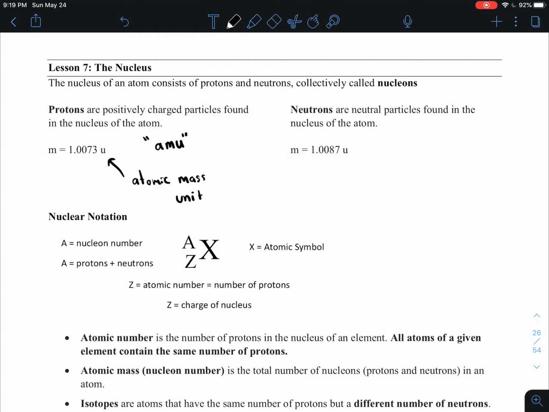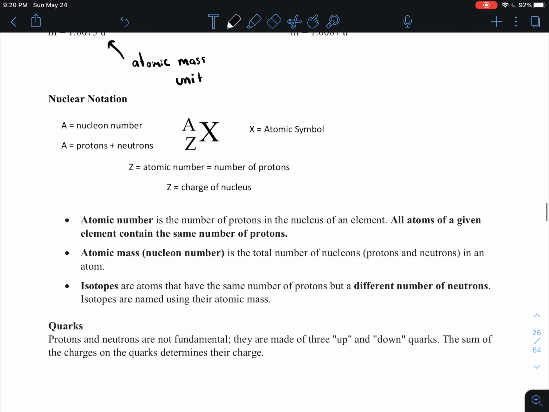These numbers can be found on your data sheet at the back. It's just another way of comparing that to electrons and everything else. You also notice on the back of your formula sheet that not only protons and neutrons are written in U's, but sometimes electrons and other things as well.